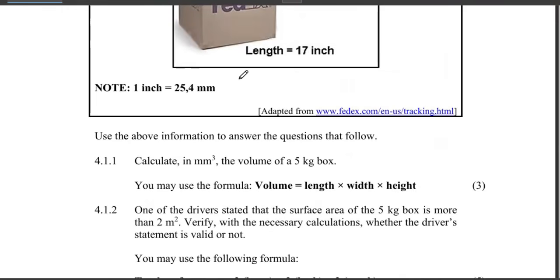Take note of that. Now we have the measurements in inches. The first thing you're going to do is change the inches to millimeters, which is 17 times 25,4.